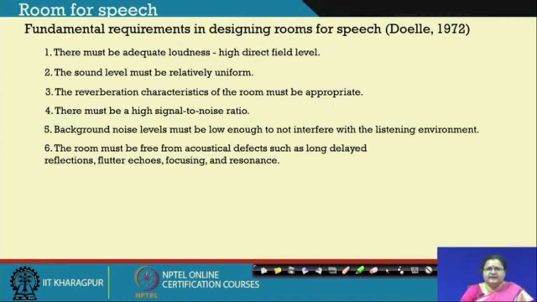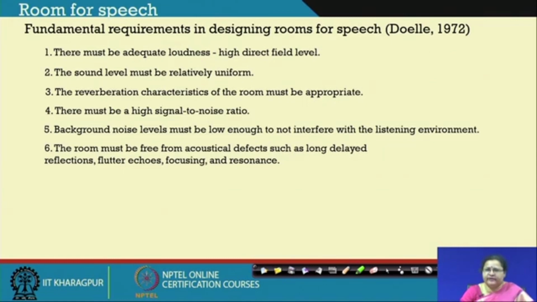Then the room must be free from acoustical defects, which I have already told. We mostly come across regular rectangular shapes, and if we come across such shapes, you have to remember standing waves, the phenomena of room modes, which we have discussed in the previous module. So, for small rooms, standing waves are very important.